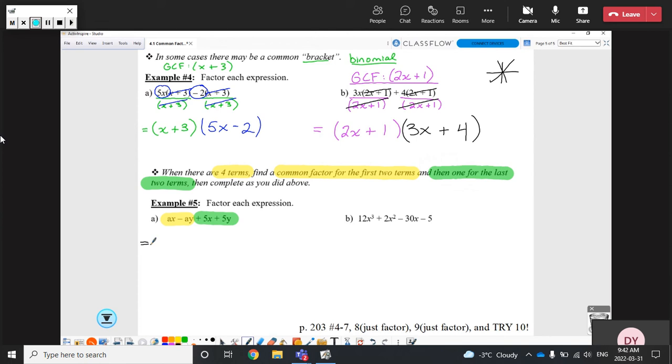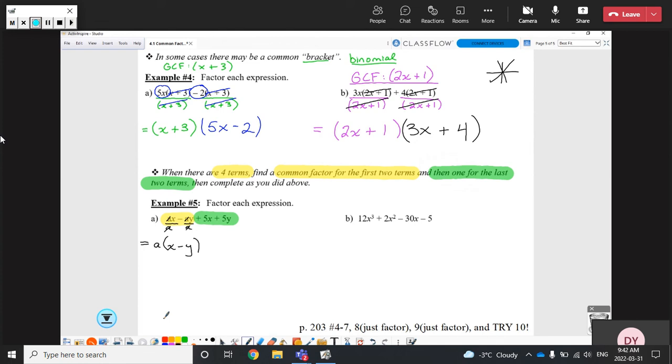What do they both have in common? The A. So we're going to divide this by A and divide this by A, and we're going to keep the A out front of the bracket. For the yellow pieces, A divided by A, we're left with X. And then A divided by A, we're left with minus Y. Good?